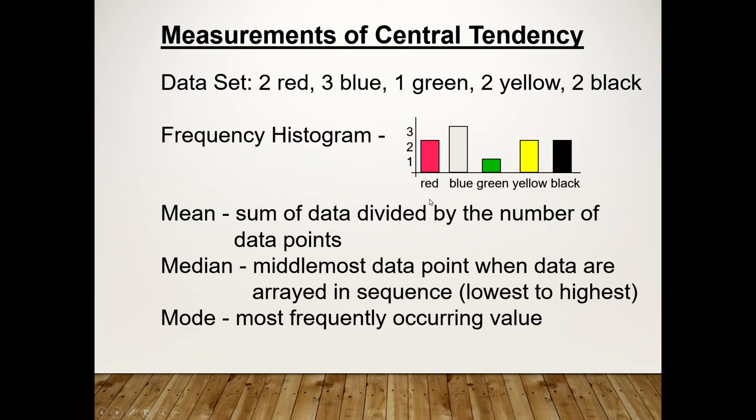We can consider them to be colors, fruits, vegetables, anything. This is our histogram. A histogram is just a visualization, so we are trying to visualize them on a scale of our graph.